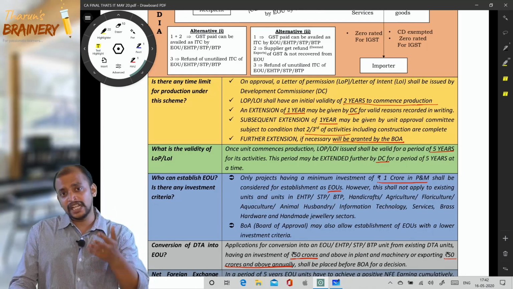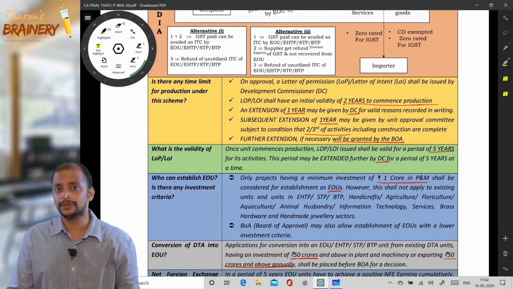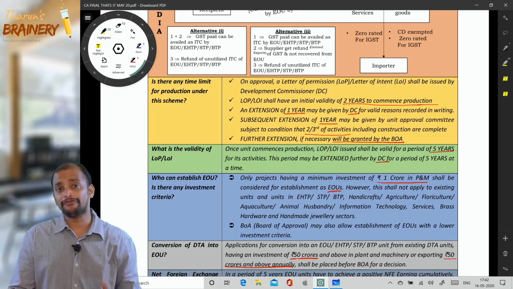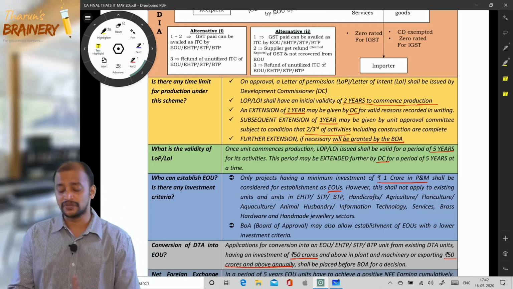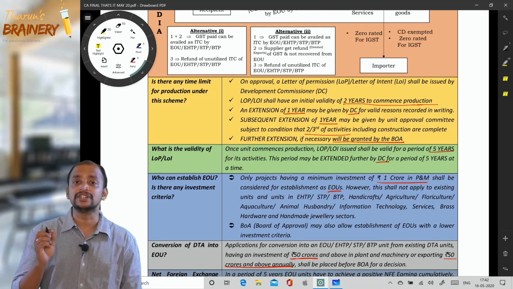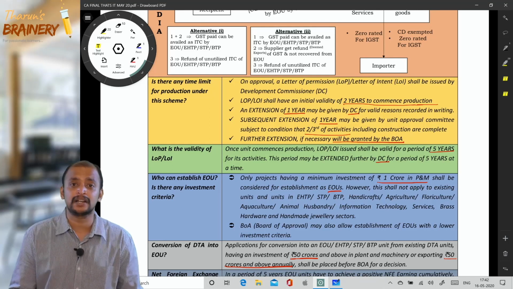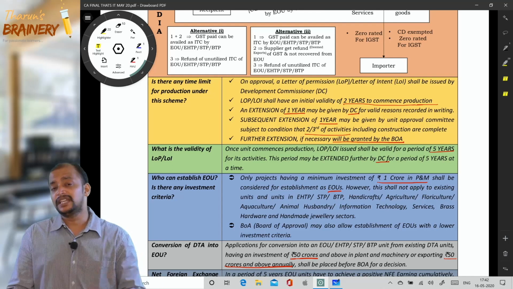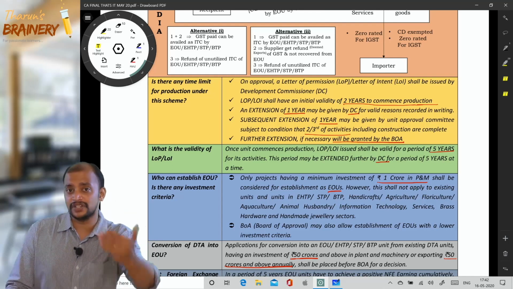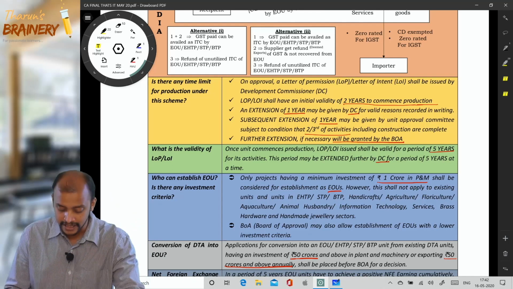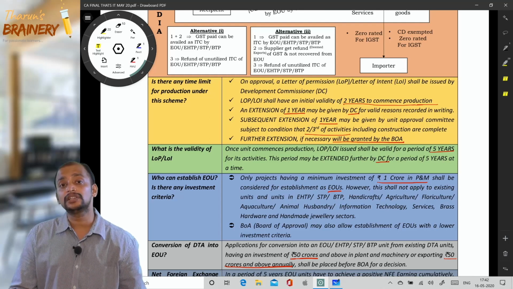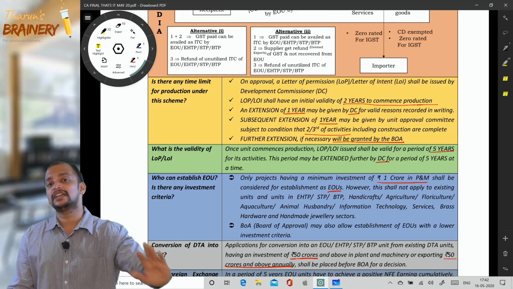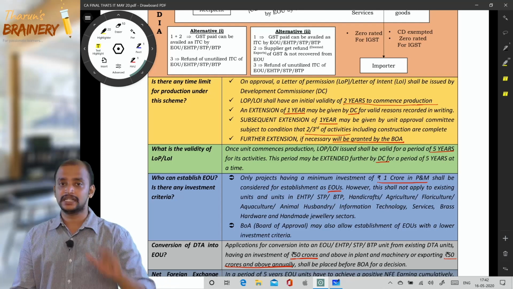If they are not able to commence the production within 2 years, then they can go for a 1 year extension, which will be given by the Development Commissioner. DC refers to Development Commissioner. If that time limit is also not sufficient, they can go for a further 1 year if 2/3 of the activities related to production are completed.